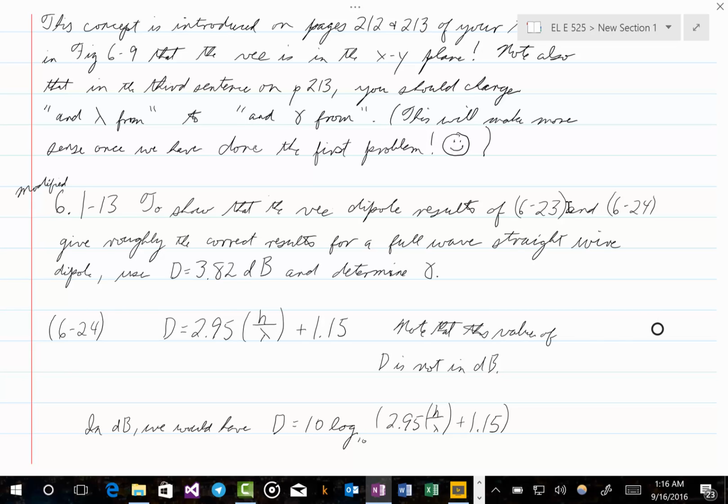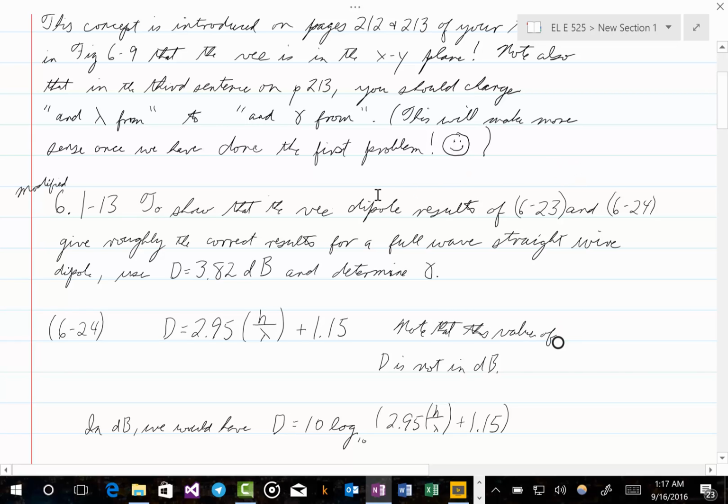So the idea here is that since we have D already, we can use 6.24 sort of backwards, and instead of using 6.24 to calculate D from h over lambda, we can use 6.24 to calculate h over lambda from D, and then once we have that h over lambda value, we can plug it into equation 6.23 and get gamma.